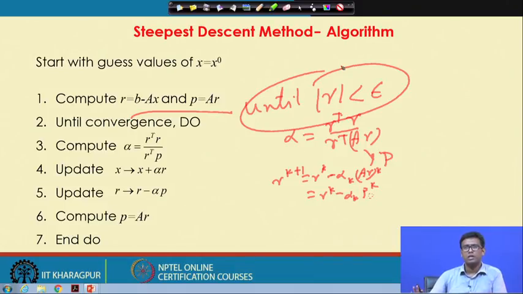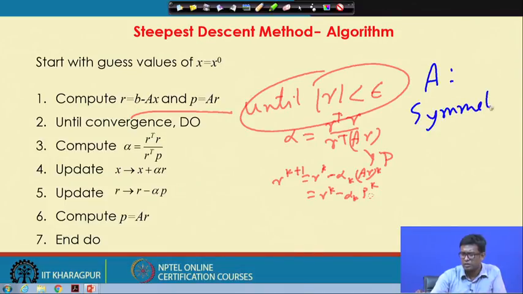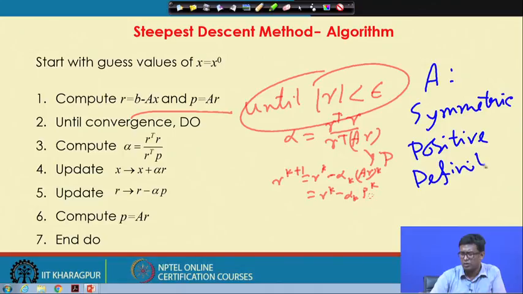So, this is the steepest descent method algorithm, and this is applicable only for symmetric positive definite matrices. What happens if A is not symmetric positive definite?